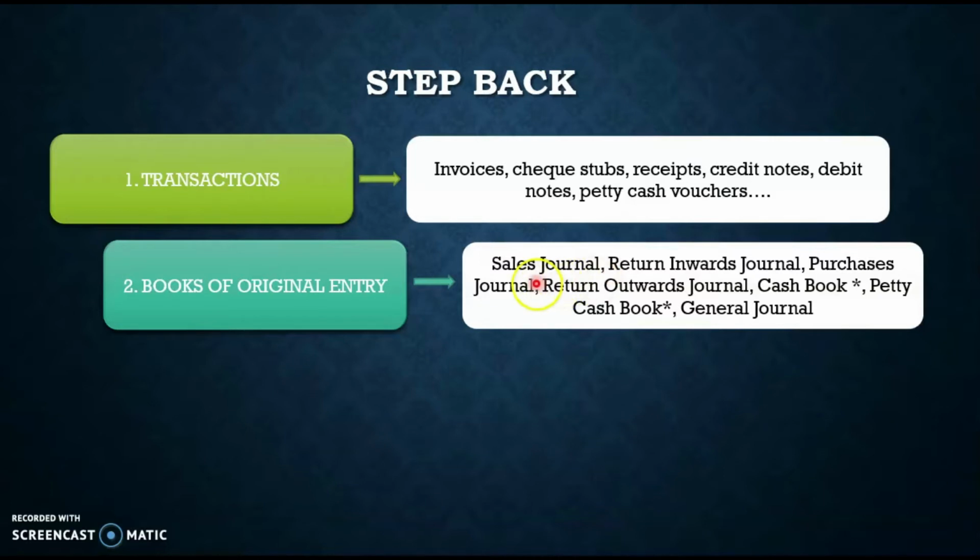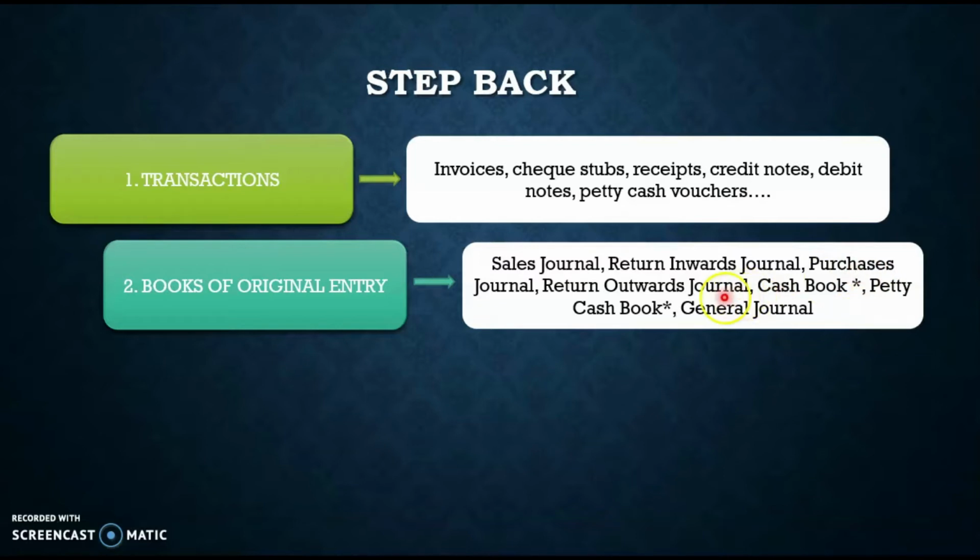We cannot write it in our sales journal because that's not a sale. They actually returned the goods that we sold to them. So we're going to write that in our return inwards journal. If we as a business decided to go out and purchase some stock from our suppliers and we took it on credit, we did not pay for it, we are going to enter that information in our purchases journal.